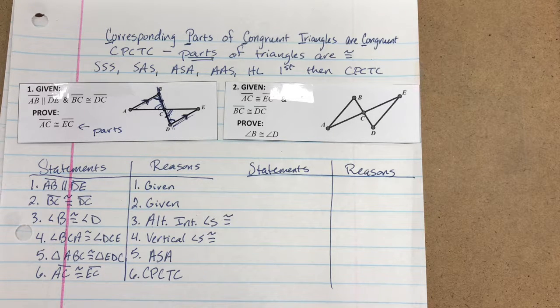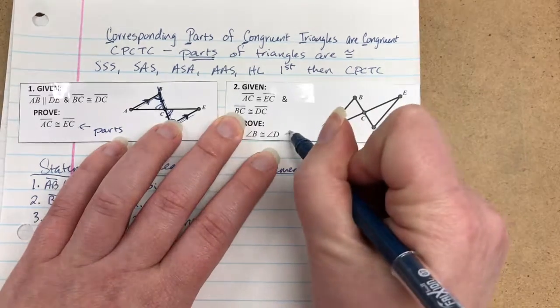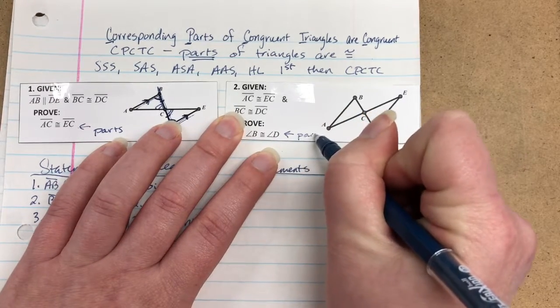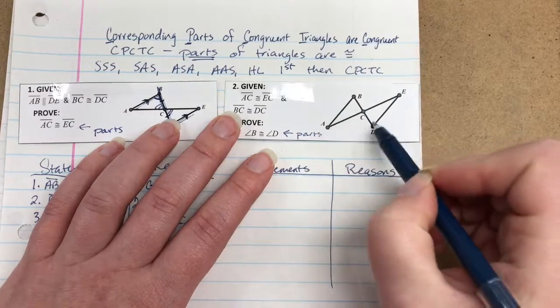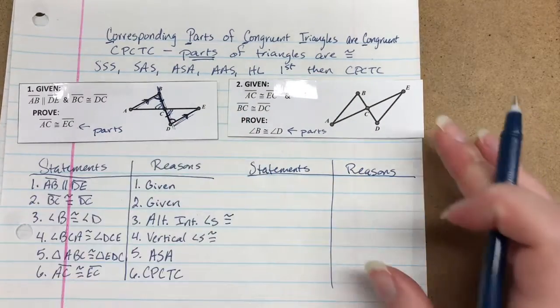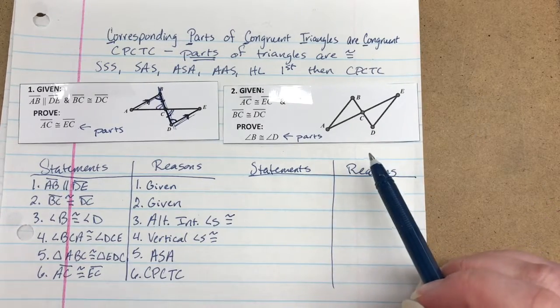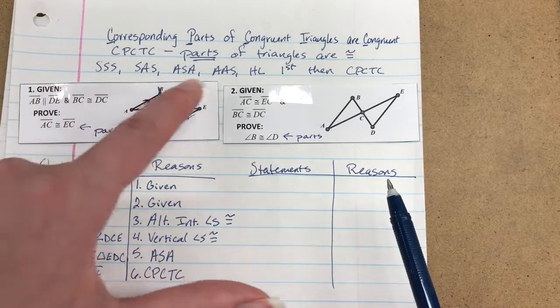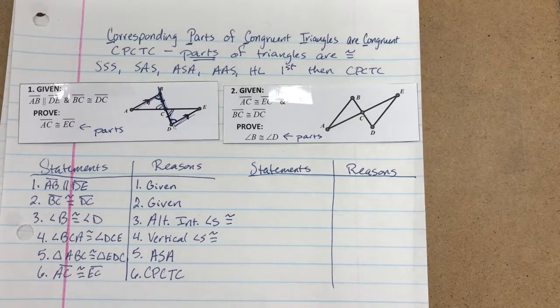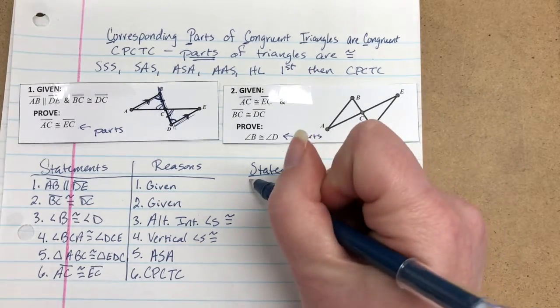And we have to prove that angle B and angle D are congruent. So I'm noticing these are talking about parts again, right? They're angles of a triangle, so they're part of the triangle. So I have to prove that these two triangles are congruent first. So I'm looking at my reasons up here saying I have to prove that those two triangles are congruent first.